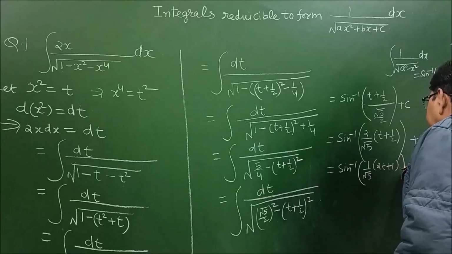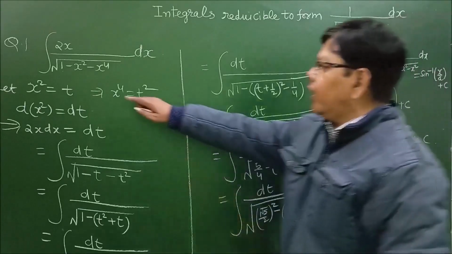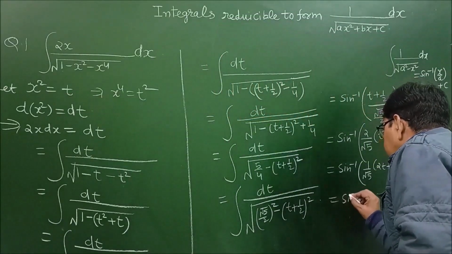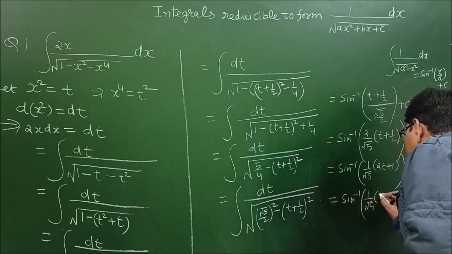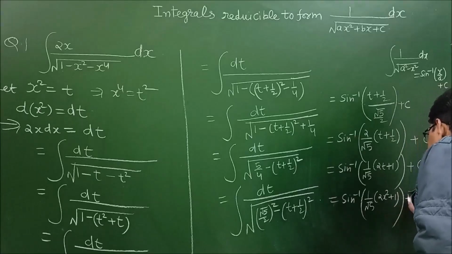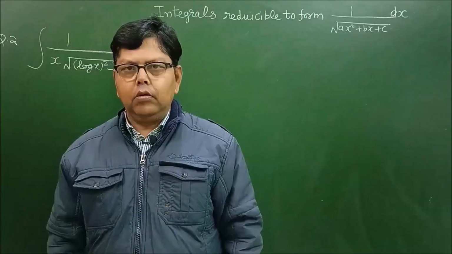Now putting the value of t, the value of t is equal to x square. So the final answer is sine inverse 1 upon root 5 into (2x square plus 1) plus c. So this is the final answer of the question.